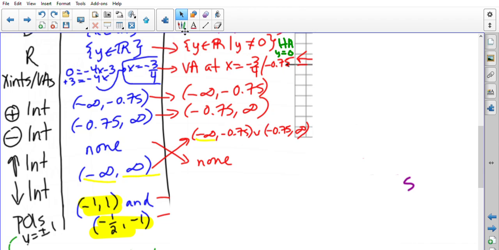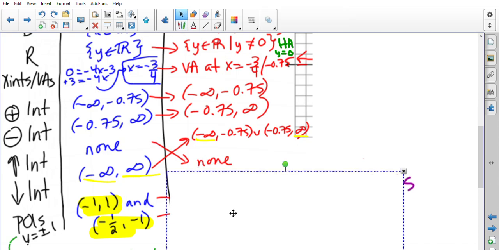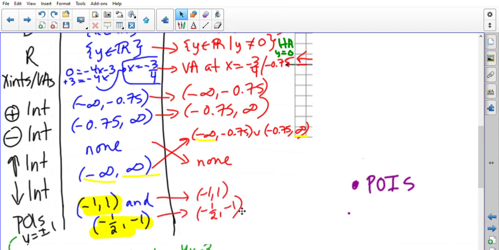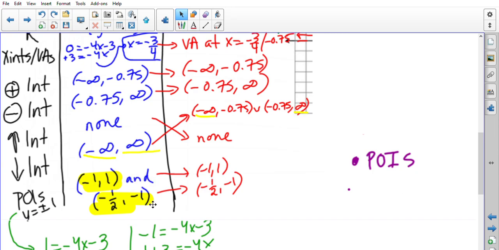So this and this should match here and here, except that we have to stop at the vertical asymptote, negative 0.75. And then whatever the increase was becomes the decrease, so none becomes none. And then of course we know down here that these 2 points should be the same, as they should be POIs.